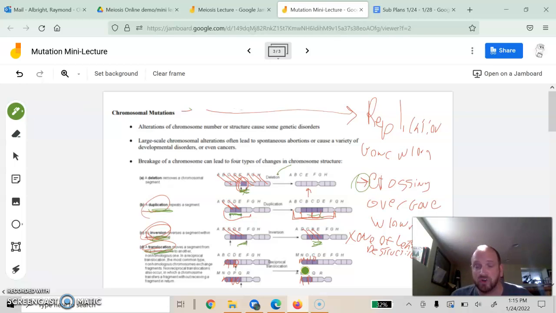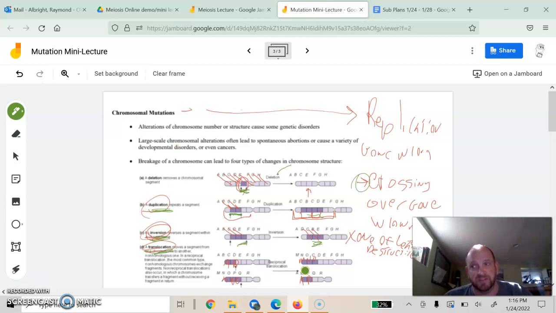Well, for one, each chromosome is one long strand of DNA, literally billions of nucleotides. And so if you change chunks of that strand, you're changing millions of nucleotides at once. Whereas what we just talked about, we changed one nucleotide. And so chromosomal mutations are far more drastic, okay? When you delete chunks of a chromosome, you potentially do not produce protein.